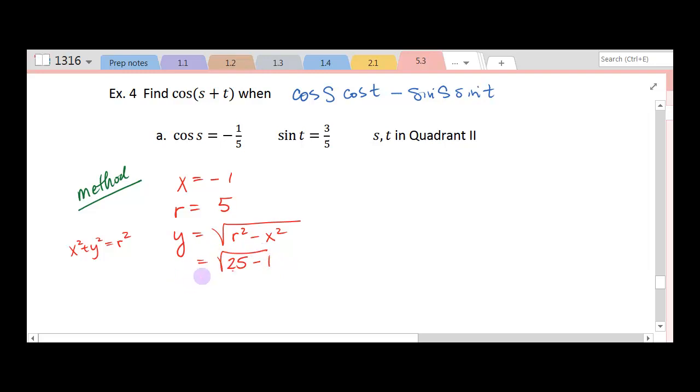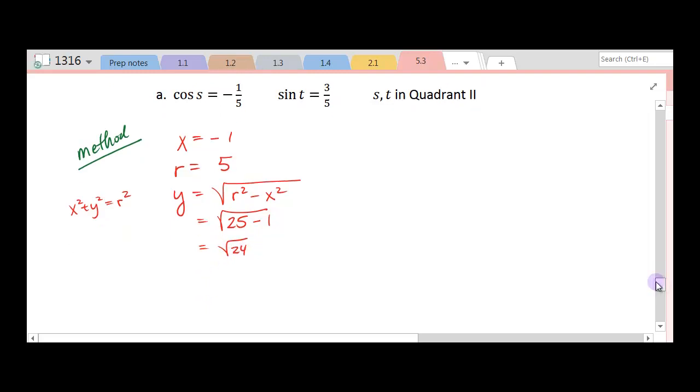In other words, that's the square root of 24. Simplifying that a little bit further, this becomes 2 square roots of 6. So what perfect square factors go into 24? Well, that's 4 times 6, and the square root of 4 is 2.